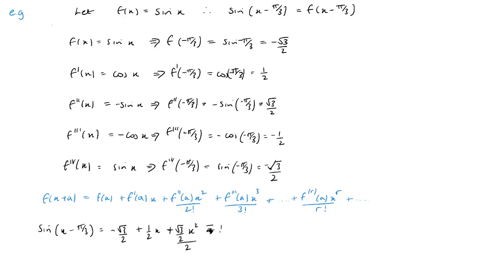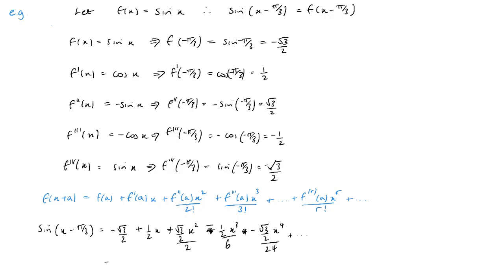So we got minus a half x cubed over 3 factorial, or if I just write that down as 6, plus, and then the fourth one is, oh sorry, so it's minus root 3 over 2 x to the power 4 over 4 factorial, which is 24.